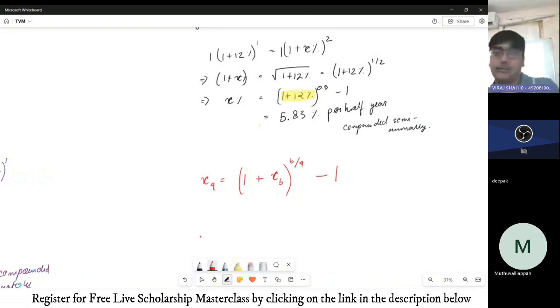This is the formula where XA is the rate you want to find and XB is the effective rate that you have.